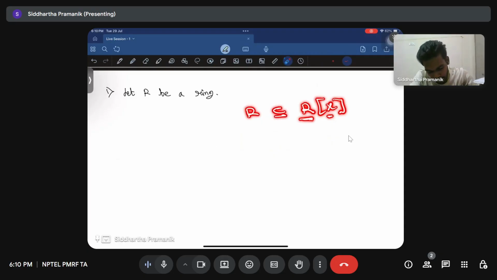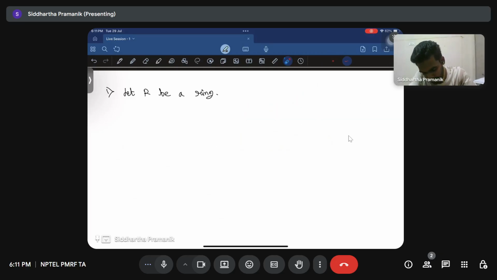So we want to talk about some special types of elements of this polynomial ring. So let's see. Now let f(x) = a0 + a1x + ... + an x^n belong to R[x], be a polynomial.